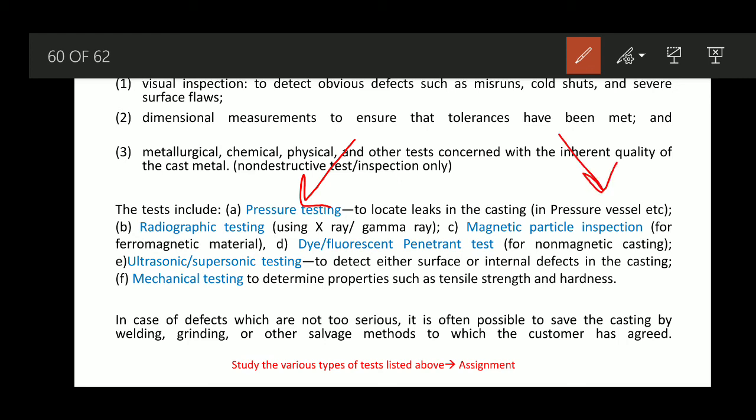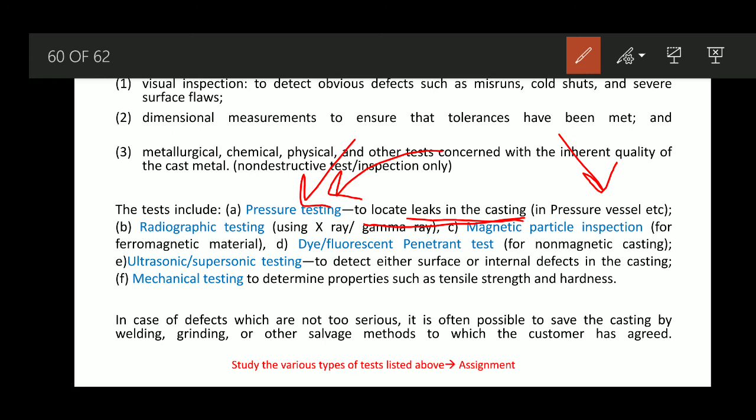So we look for any leak in the casting by pressure testing. In that particular cast part, just like a pressure vessel, we can fill it up with highly compressed water at high pressure, and you can see if there is any leakage.